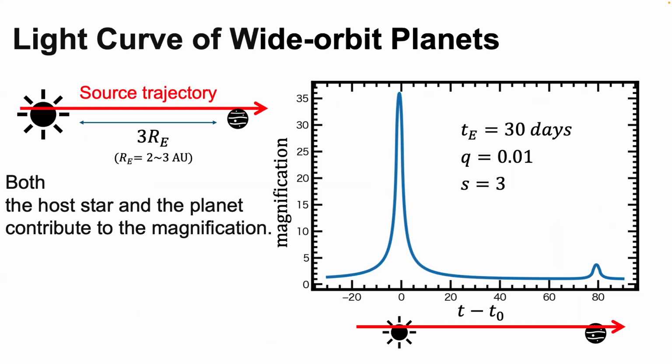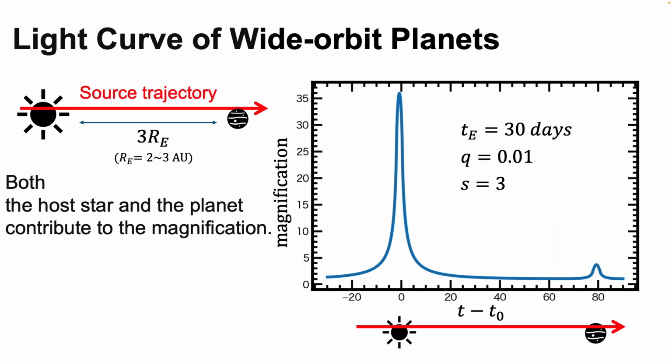I will explain the reason for this difficulty. This is an example of the light curve of a wide orbit planetary event, and this figure shows the geometry of the lens system and source system.